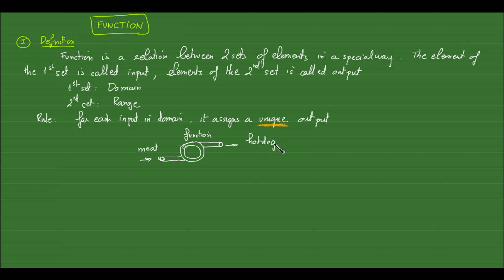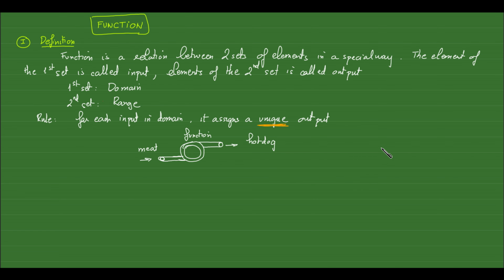You put meat into the inlet, and at the outlet you have a hot dog. So that machine is called a function.